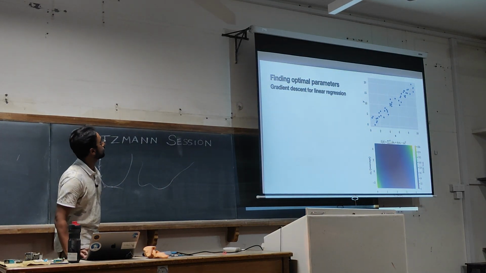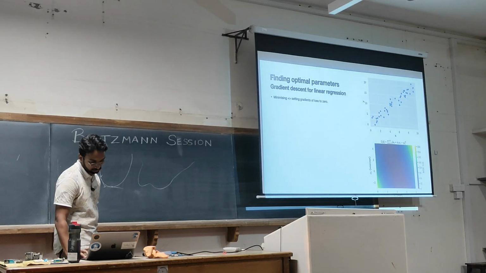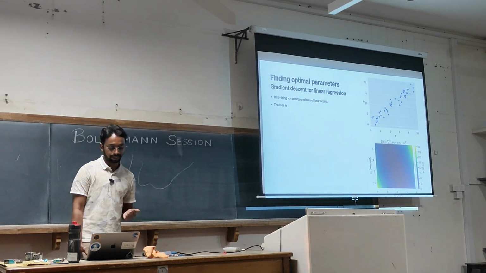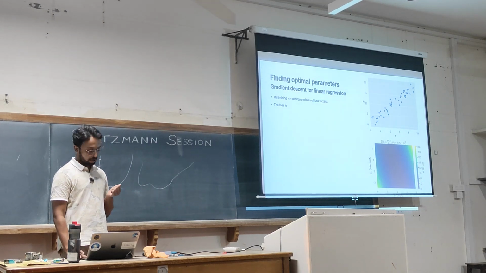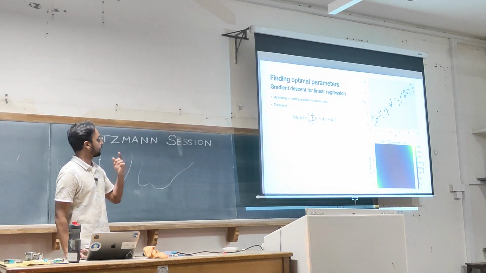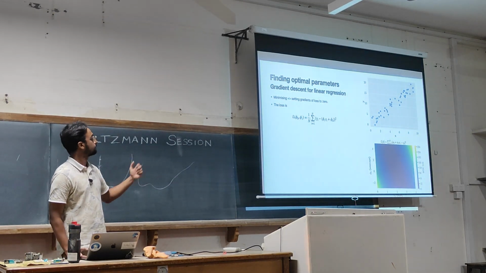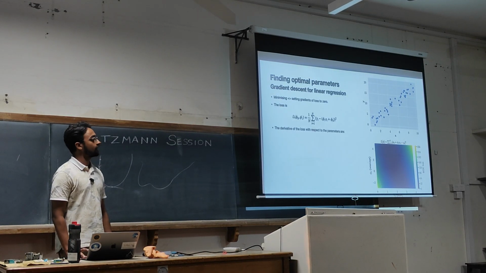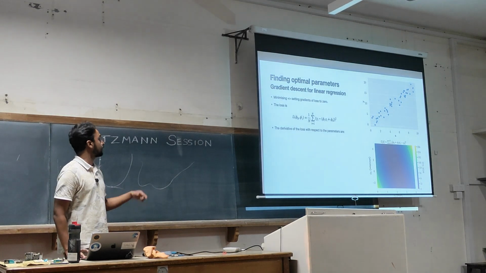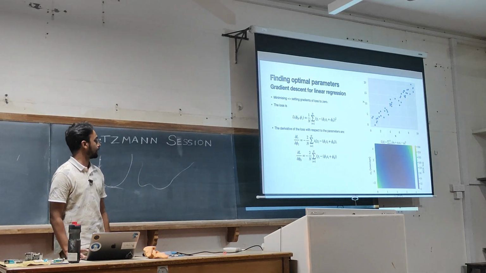Yes, so gradient descent, as I said, you want to minimize and you want to set the gradients of the loss to 0. And the loss is the least square loss that is computed on every single point and then summed up. The derivative of the loss with respect to the parameters phi1 and phi0, you can compute here.